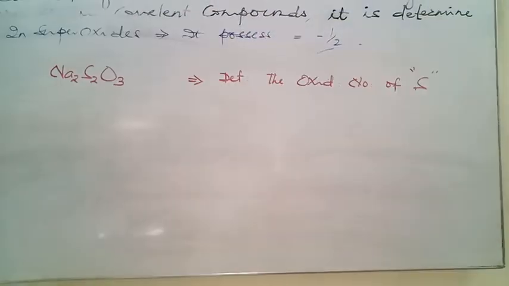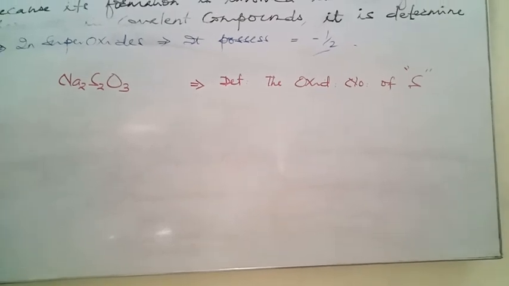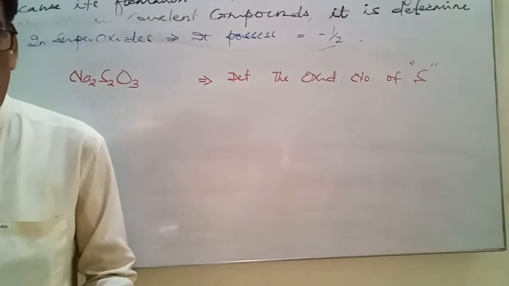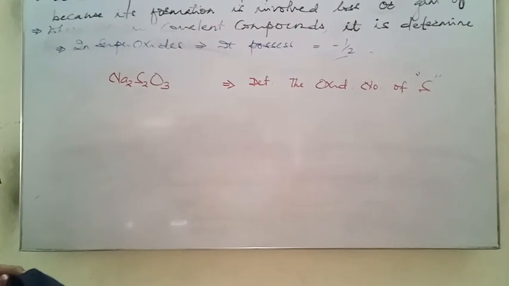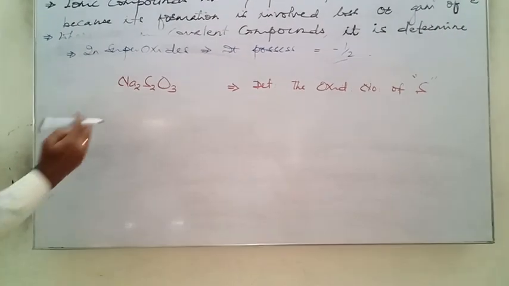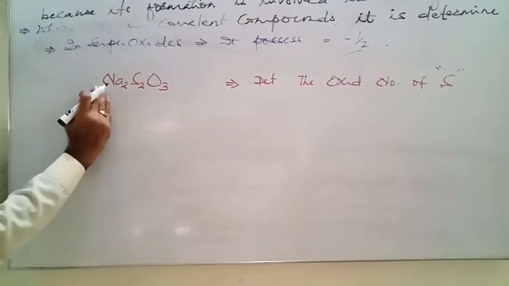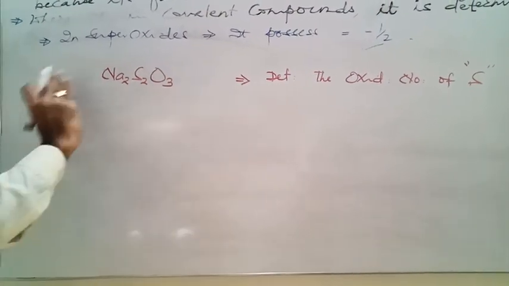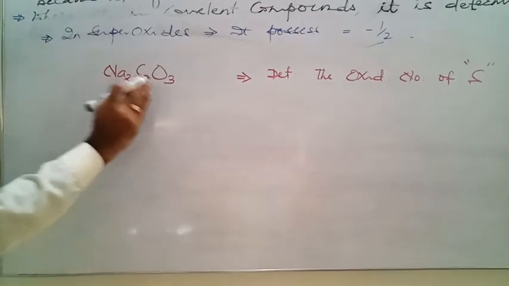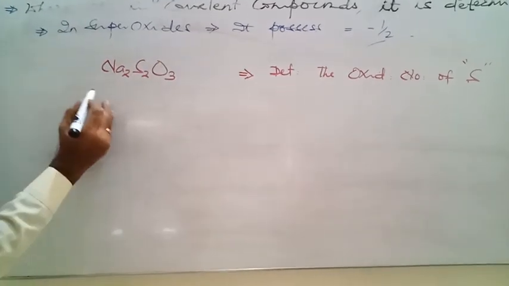How can we determine it? First, you have to check that as a whole your compound is neutral. It has sodium, a metal, and oxygen, a non-metal, and from the oxidation states we can determine this.